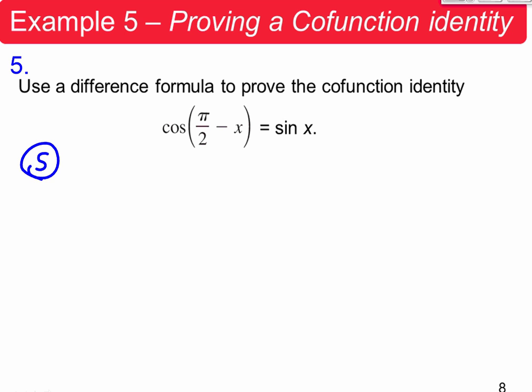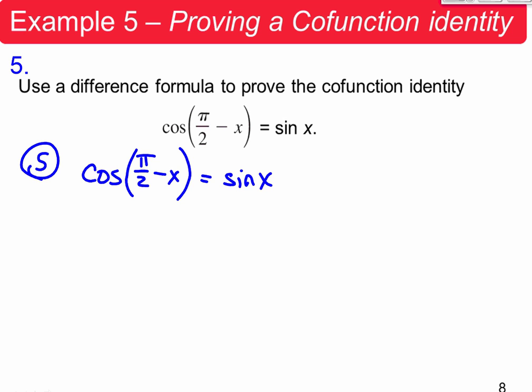And so this is, we want to prove that the cosine of pi over 2 minus x equals the sine of x. And so if we're proving an identity, just a reminder, we can't cross that equal sign as we go through. So I'll be working on the left or the right, do you think? The left, yep. I'm going to work on the left.